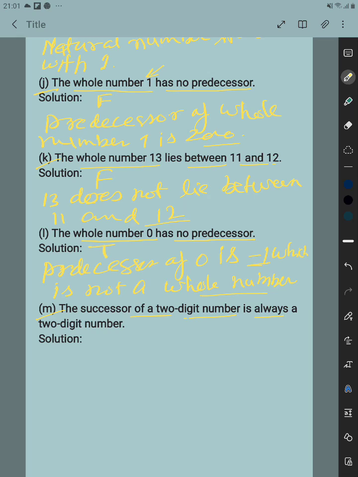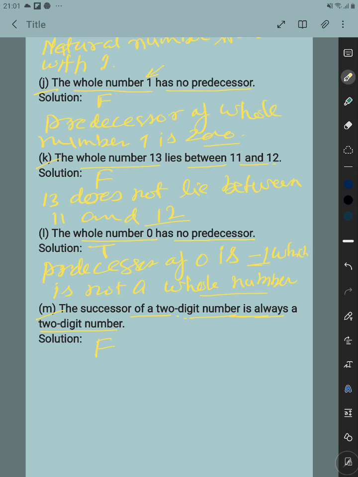The statement says the successor of a 2-digit number is always a 2-digit number. It is false. We need to prove that it is not always a 2-digit number. It can be 3-digit also.